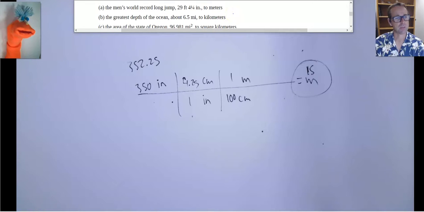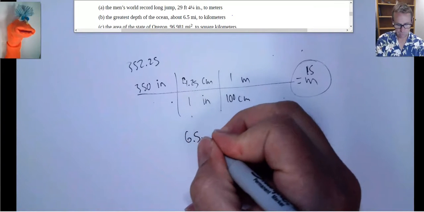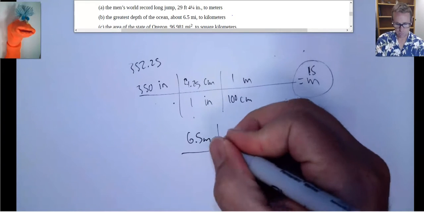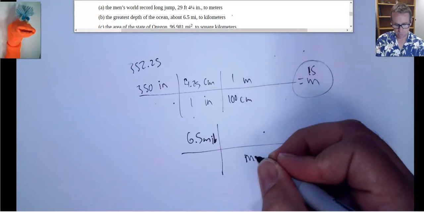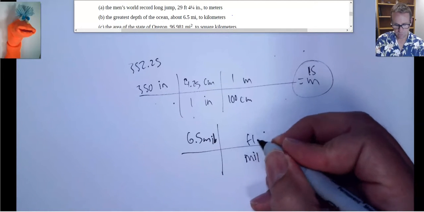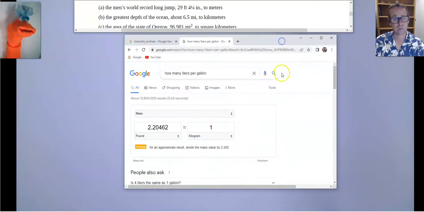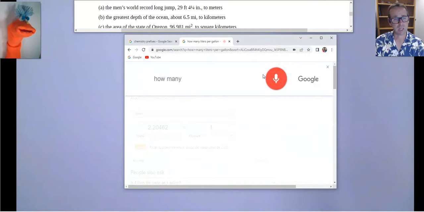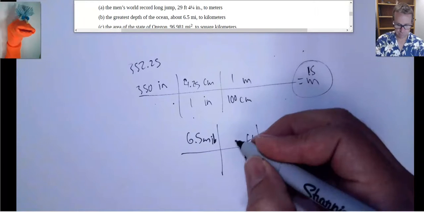The depth of the ocean, 6.5 miles. We want it in kilometers. Miles. I don't know if I remember exactly. How many feet in a mile? 1 mile is equal to 5,280 feet.